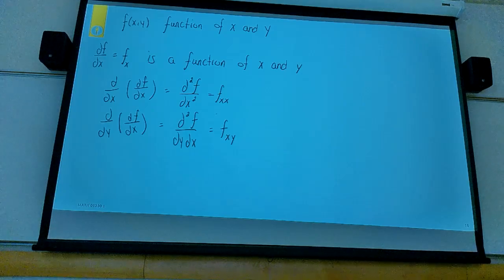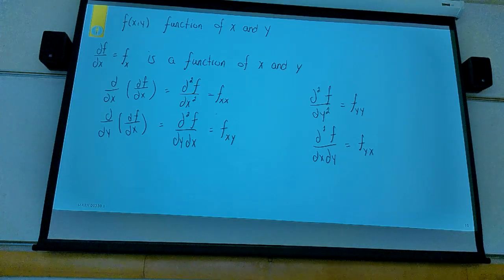But then you can have a similar argument for the partial with respect to y, right? So these are your second order partials.